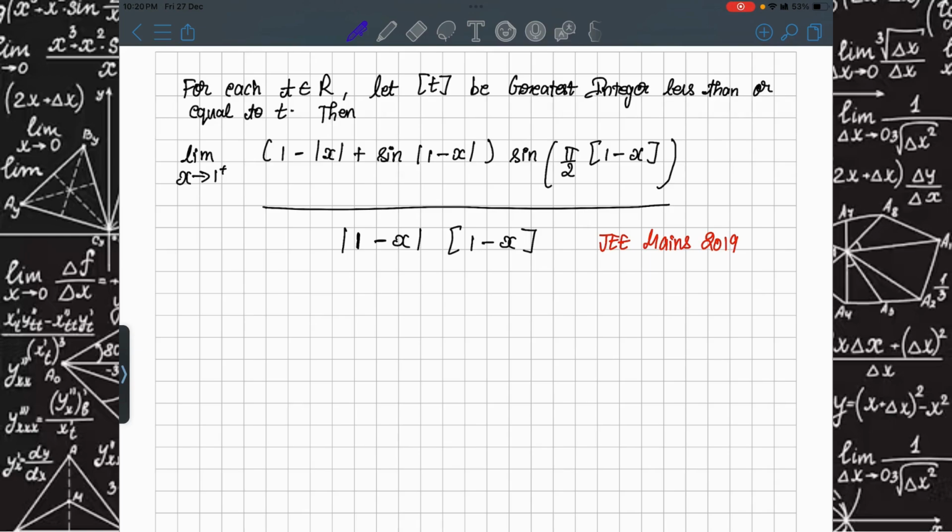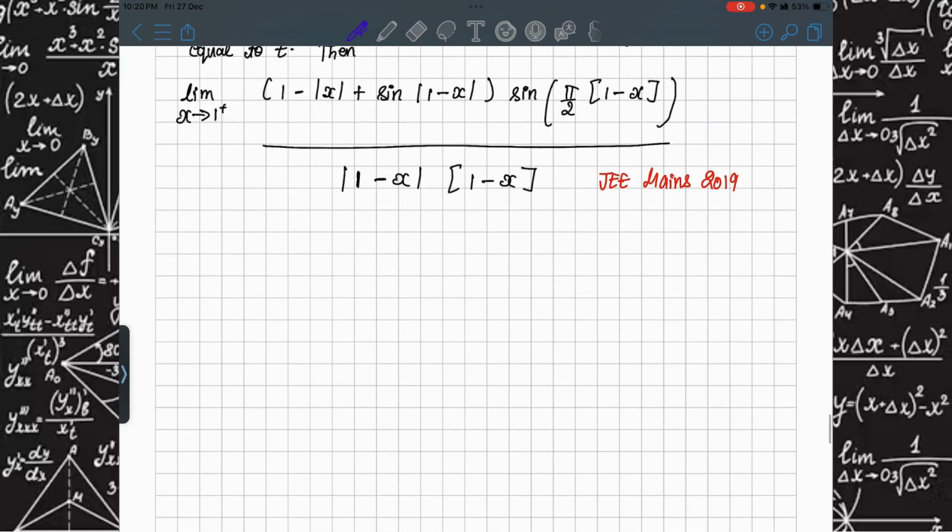And these two functions are a very favorite concept for JEE Mains question paper setters. They always try to include modulus function and then greatest integer function in that. So these kind of questions are most likely to come in JEE, and if you understand the concept you can recognize the pattern and solve the question. Okay, I will tell you how to solve this question.